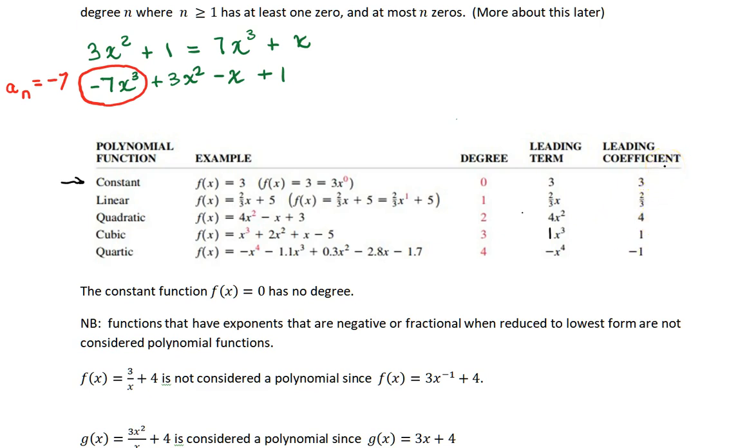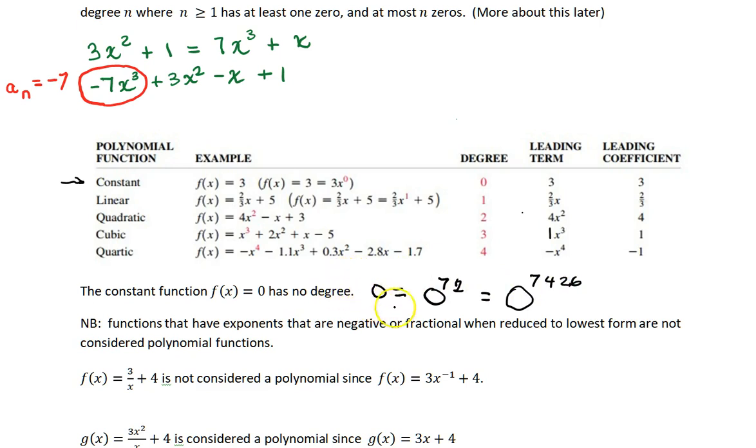Now here's our one exception. Our one exception is that the constant function where f of x equals 0 has no degree. And that's because 0 can equal 0 to the first, can equal 0 to the 72nd, and then I have 0 to the 7,426.